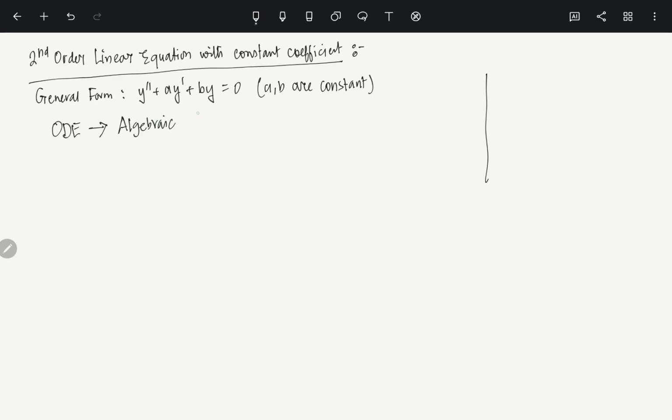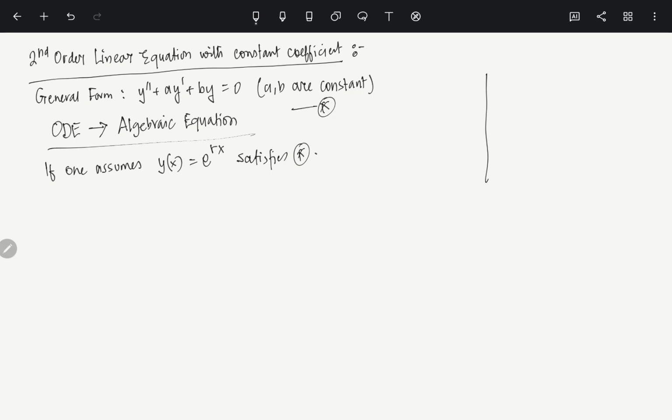So what we are trying to do here is this. Let's say one assumes that there is a function y of x which is e power r x, and that satisfies star. So here we have to find r such that this happens.